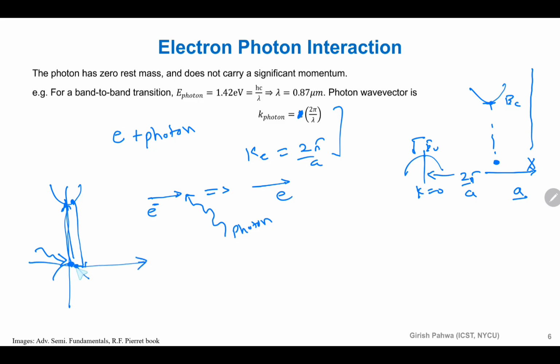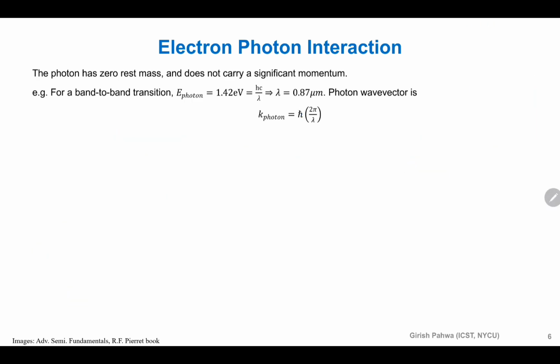The electron has, say, some k here, but the k value of this electron will not change even after the interaction with the photon. So after the transition it will be almost at the same k value. So the photon interaction is almost a vertical line in the E-k diagram.